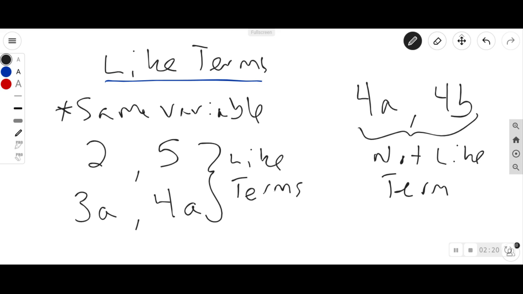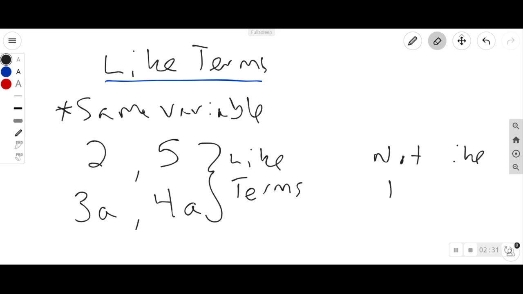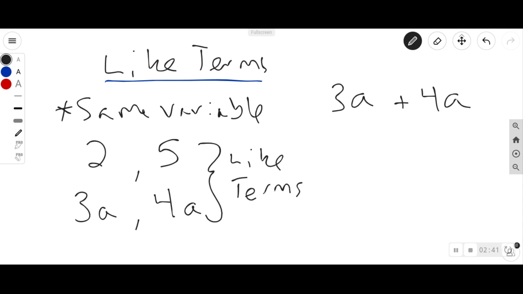Now, if we look at how we can deal with combining these, we can figure out how to simplify. So let's say that we have our 3a and we're trying to add 4a. These are like terms, so we can put them together.